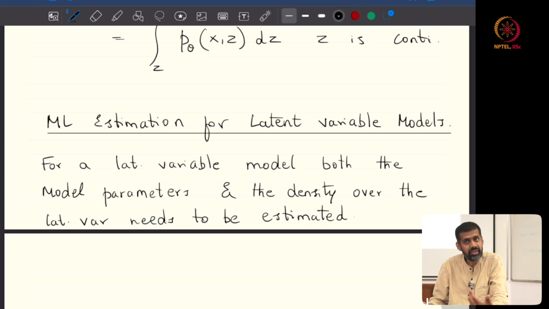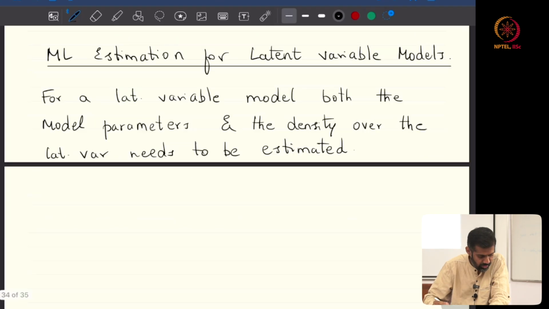Why? Because of the very fact that this Z is unknown, unobserved. So we do not know what this is. So we not only estimate the parameters of the model, we also estimate the density over Z. So we do it jointly when we do a maximum likelihood estimation for the latent variable models.